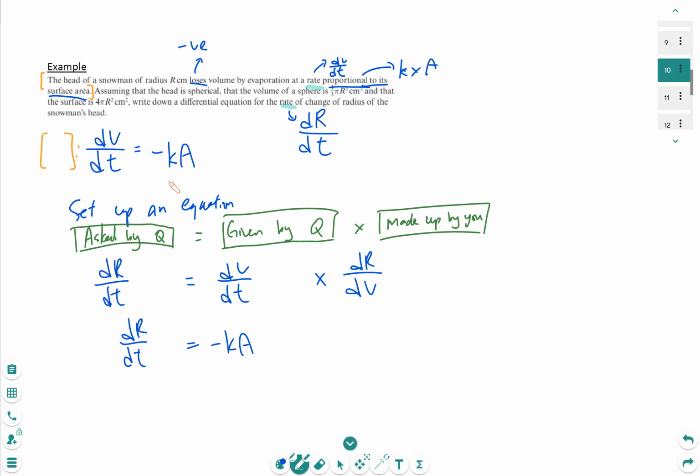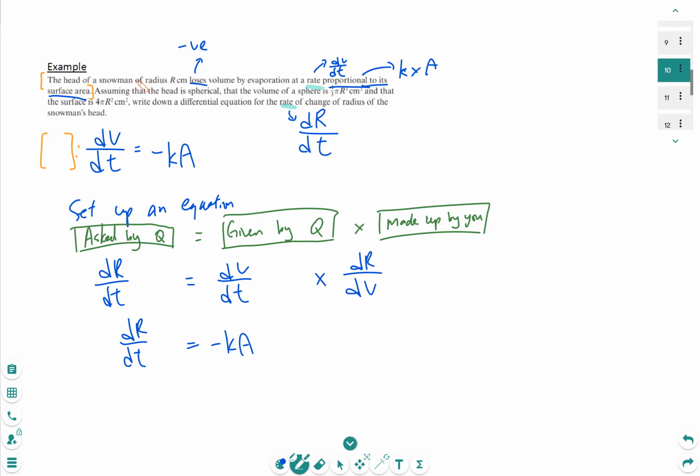I'm just going to go through the front part again before I continue from here. First of all, I read the question. I see the word rate. Rate means one differentiation fraction. So I realize this rate is measuring the volume over time. Proportional means k times its surface area, so k times a. But loses means negative. We're sort of like English detectives.